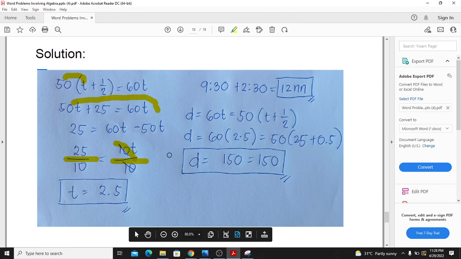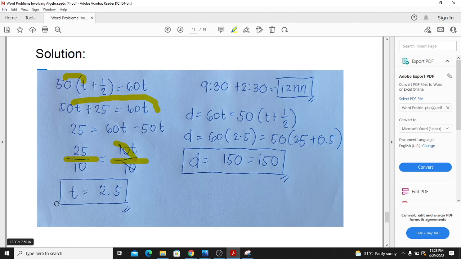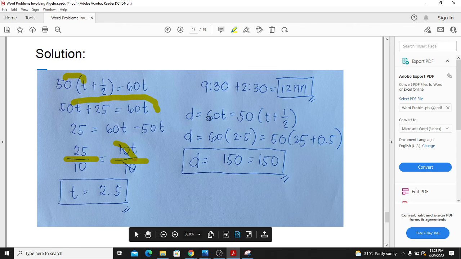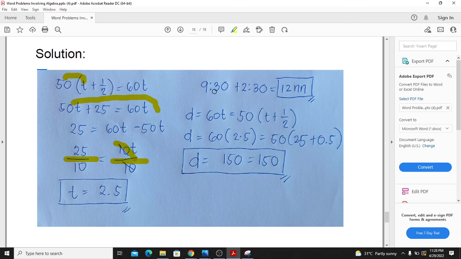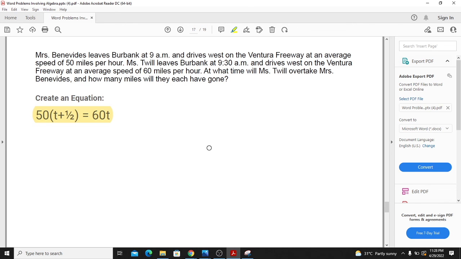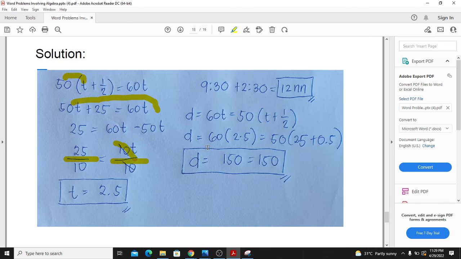Okay, so since we now were able to find the time, Miss Tewell leaves at 9:30, so we just have to add 2 hours and 30 minutes. So that makes it 12 noon.